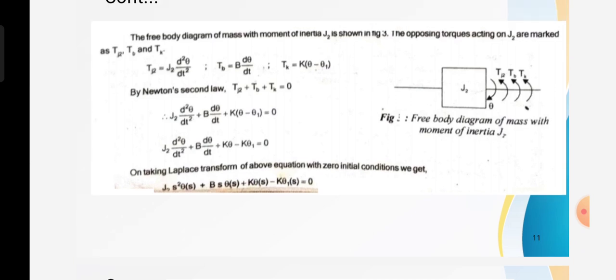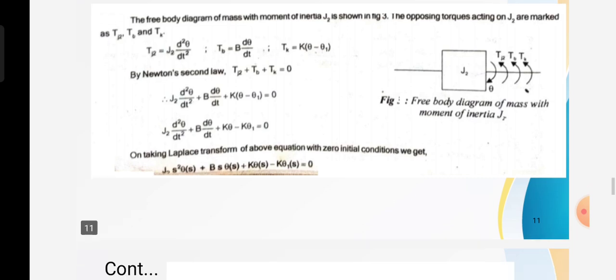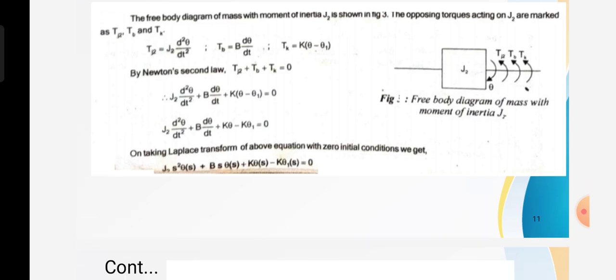Now the differential equation of the moment of inertia of mass J2: J2 d square theta by dt square plus b d theta by dt plus k into theta minus theta 1 equal to 0. Rearranging, J2 d square theta by dt square plus b d theta by dt plus k theta minus k theta 1 is equal to 0.